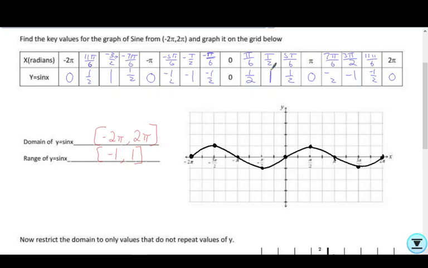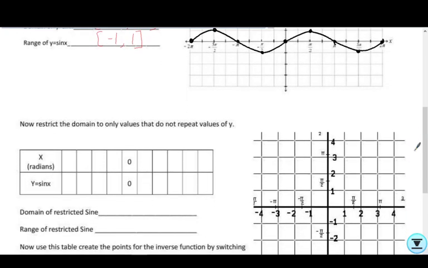So right here, 0, 0. Then up at the chart I've got pi over 6. Pi over 6 is 1/2. Then pi over 2, which is 1. And then the next one is 5 pi over 6, which is 1/2. But see how we've repeated that y? So we're not going to use that one. We're going to stop because we've repeated a value there.